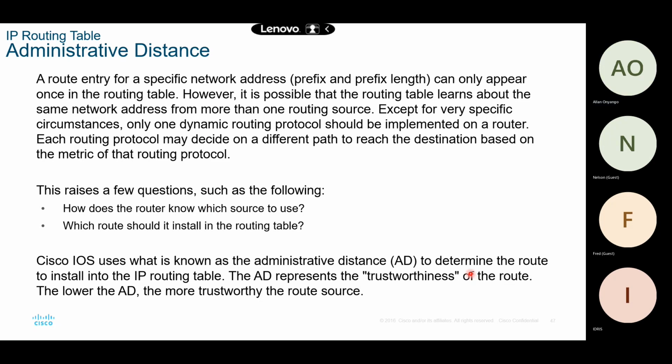We have also seen the longest match. When dealing with administrative distances, the router will always choose the route with the lowest AD. If there are different routing protocols, the router will always choose the one with the lowest AD.